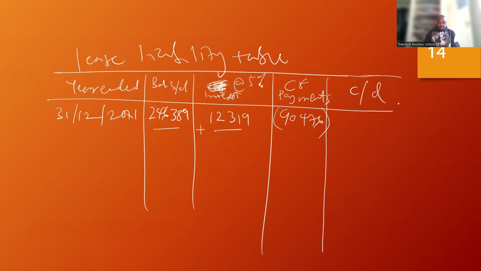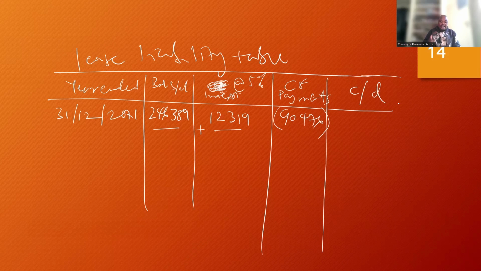We are saying 246,389 plus 12,319 minus 94,76.